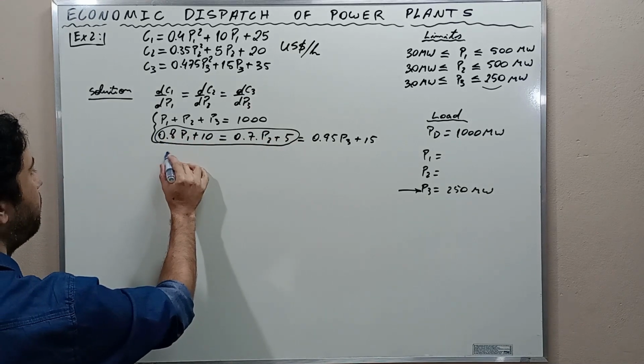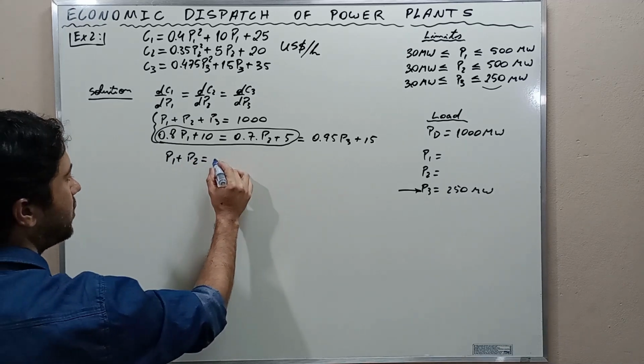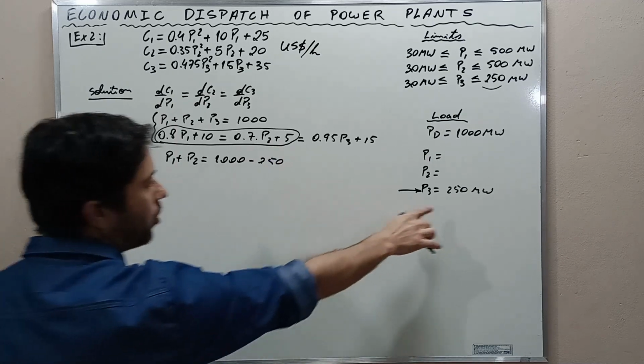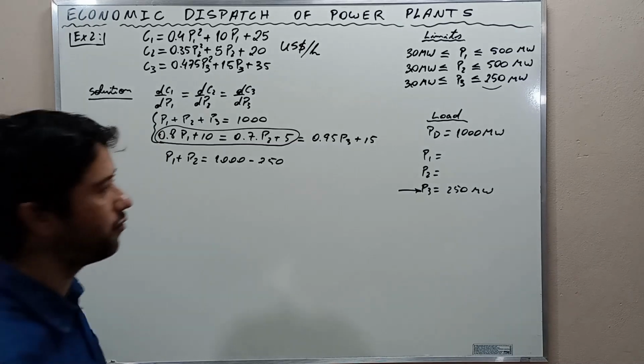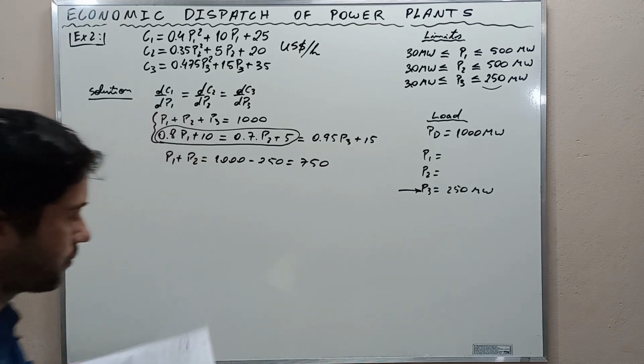But P1 plus P2 will be equal to 1000 minus 250, because we already stipulated that P3 has to be equal to 250, and this is 750 megawatts.